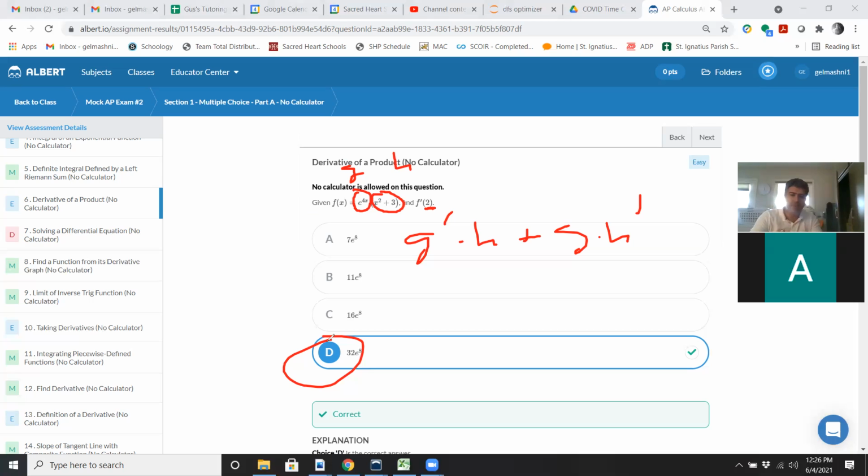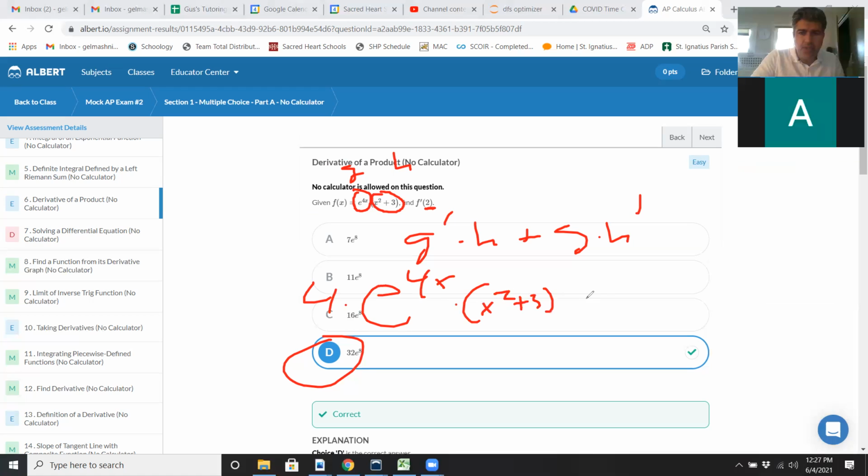Okay, so hopefully you got the answer. The derivative of e to the 4x is e to the 4x, this is a chain rule, multiply by 4, and you leave h alone. Then plus the g times e to the 4x, and then times the derivative of that, which is 2x.